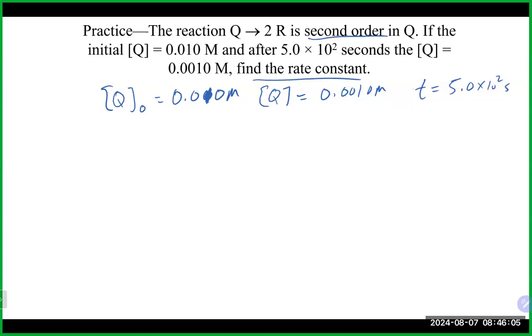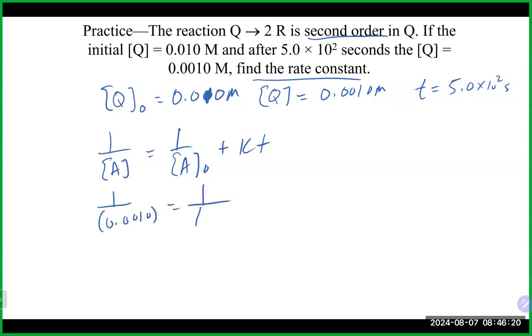And because they did tell us it's second order, we would use our specific second order equation, which looks like this. And obviously just plugging it in, 1 over 0.0010 equals 1 over 0.010 plus k, which is what we're looking for, times our time, which is 5 times 10 to the 2 seconds.